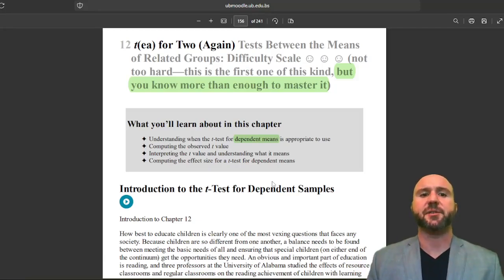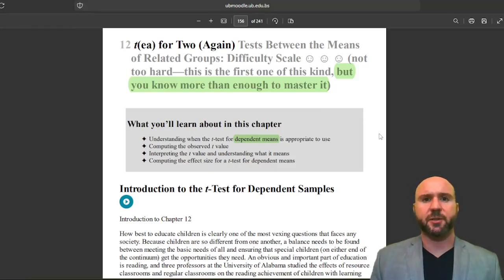This particular test is really good if you are looking at a time 1 and time 2 occurrence. So let's say that you want to know the effect of implementing community service in a place where there was no community service, and you're thinking ahead.